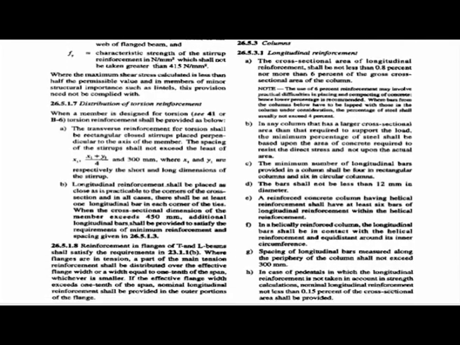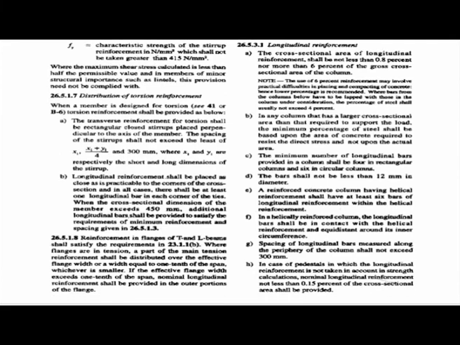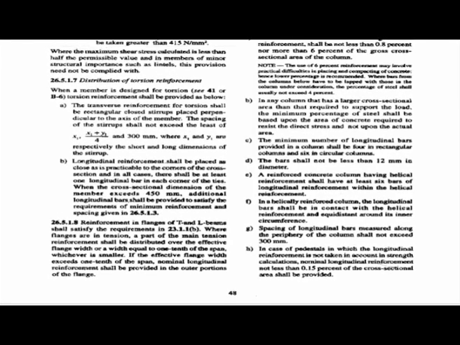Minimum diameter of bar in column is 12 millimeter. Spacing of longitudinal bars measured along the periphery of the column shall not exceed 300 millimeter. So you have all the calculations available in the code, and you have to follow them, so that it will be clear to all of you how much reinforcement to give.